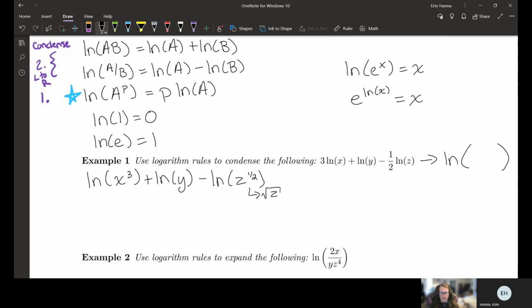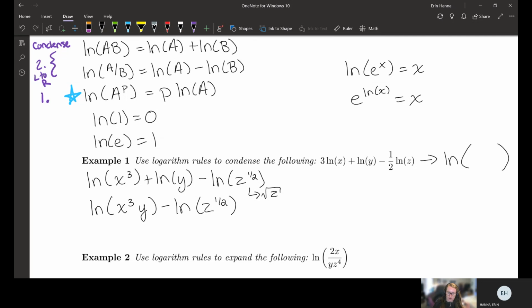So the first thing I come across is ln of x cubed plus ln of y. Since it's addition, that's going to condense into multiplication. So I essentially had this side and I went backwards.